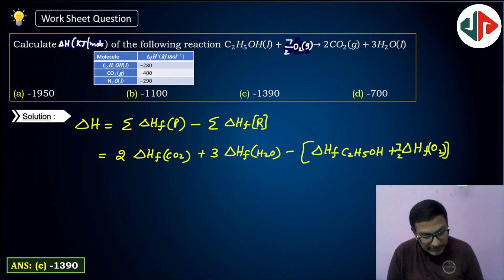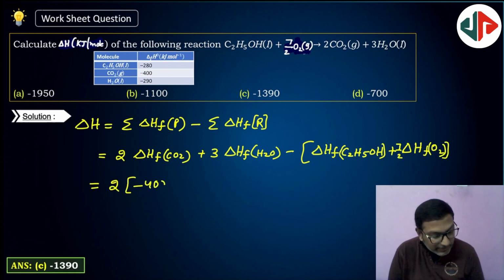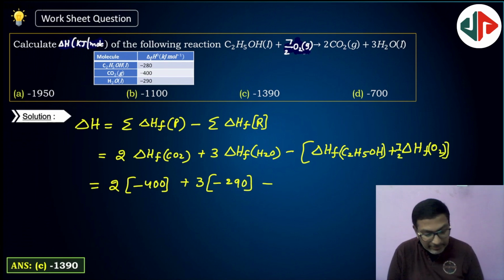Here O2 in brackets, ethyl alcohol in brackets. Check the values. 2 into delta H formation of CO2, given as minus 400, plus 3 into delta H formation of H2O, minus 290, minus delta H formation of ethyl alcohol, minus 280.